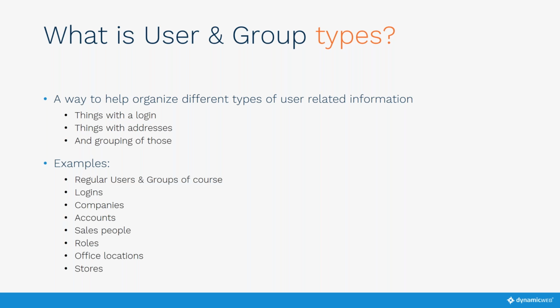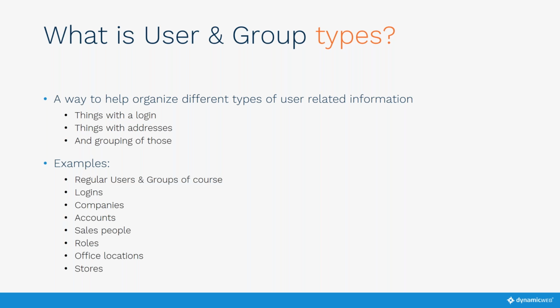That could also be a user, but it could also be an account or a company or an employee or dealers and all kinds of other information that we use not for logging into the backend or the front end, but for displaying on maps or searching or displaying in lists or accounts that are used for impersonation and a long variety of different stuff. And then we also have some grouping of all of these. So we have Danish customers and English customers, and we have logins and roles and all kinds of other things that are grouped in the user management.